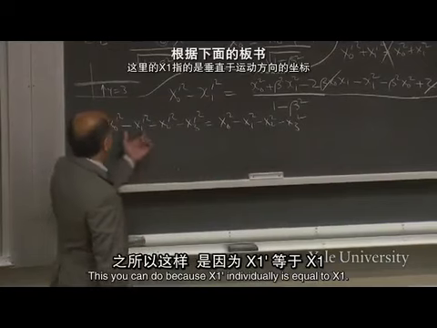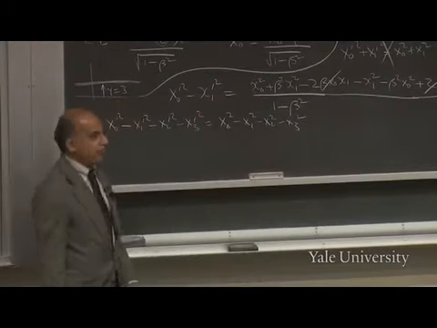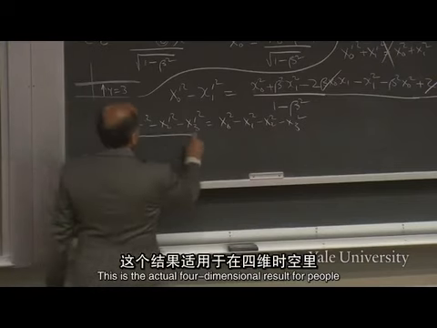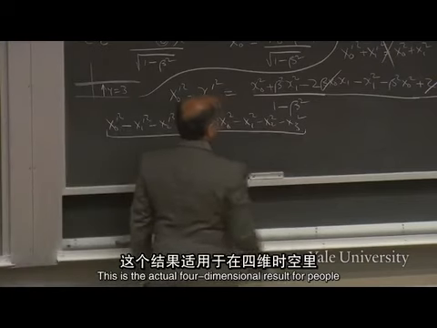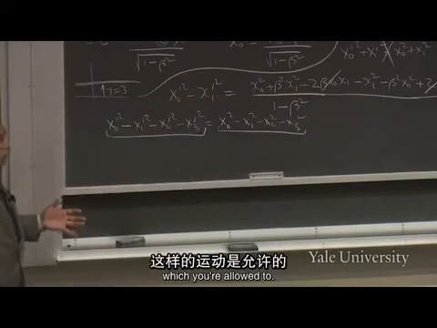This you can do because x2 prime and x3 prime individually are equal to x2 and x3, so you can put them on both sides. This is the actual four-dimensional result for people who really want to leave the x-axis and move freely in space, which you're allowed to.